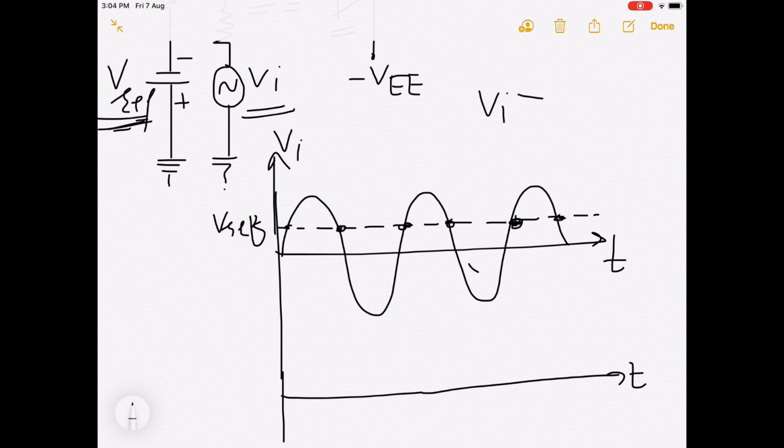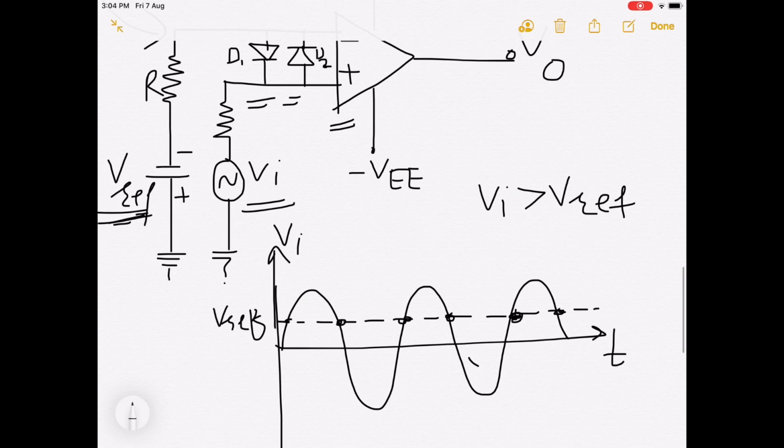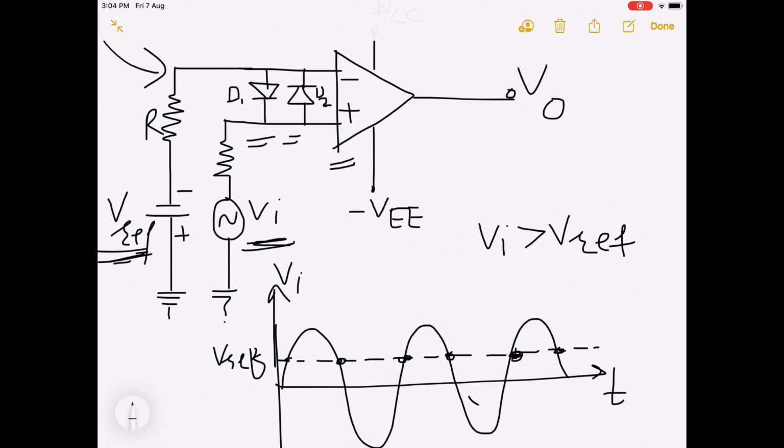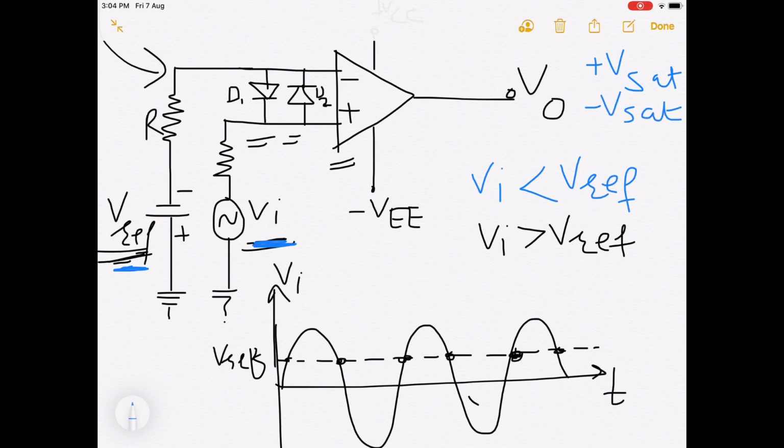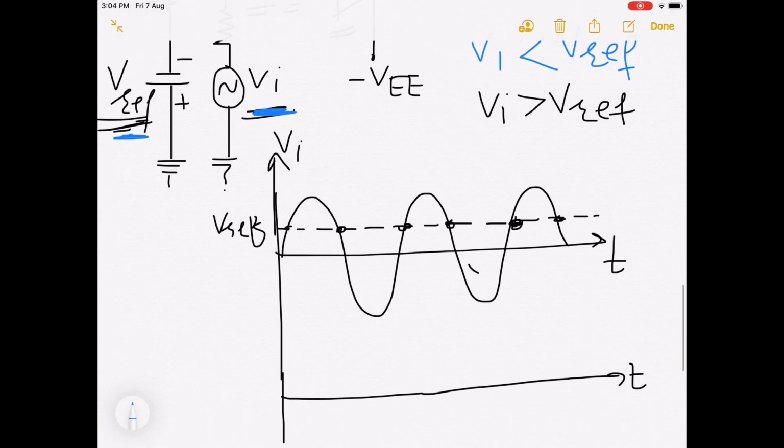When Vi is greater than V reference, see this diagram, your output will be plus Vsat, and when your Vi is less than V reference, your output will be minus Vsat. According to that we are drawing the diagram.